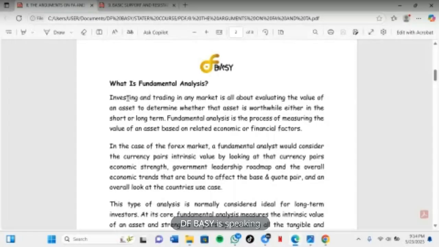Investing and trading in any market is all about evaluating the value of an asset to determine whether the asset is worthwhile, either in the short or long term. Fundamental analysis is a process of measuring the value of an asset based on related economic or financial factors.